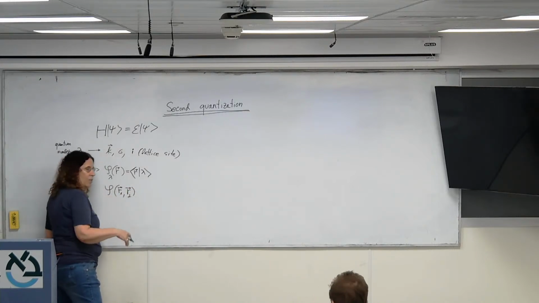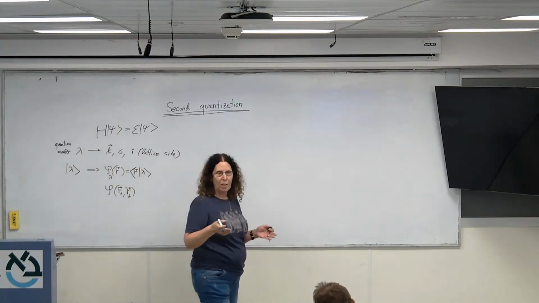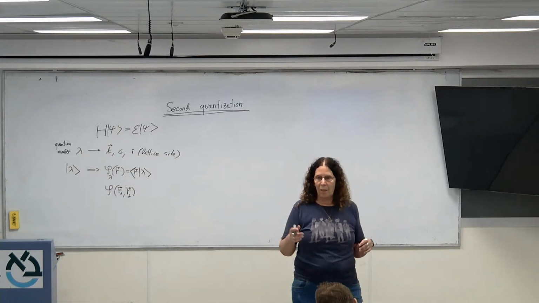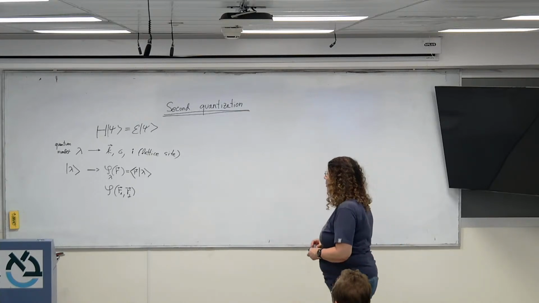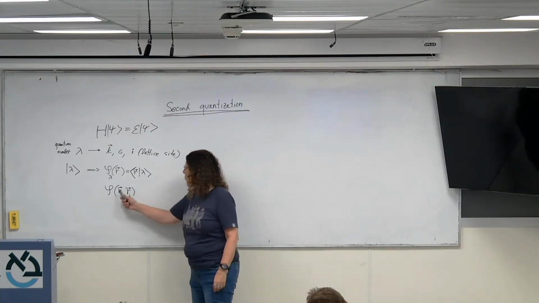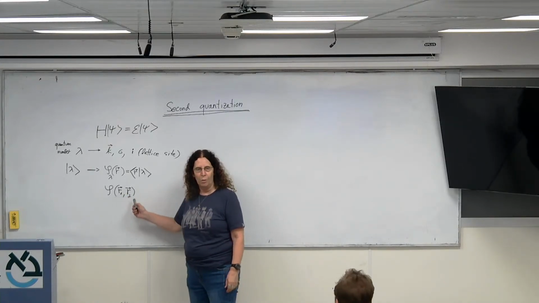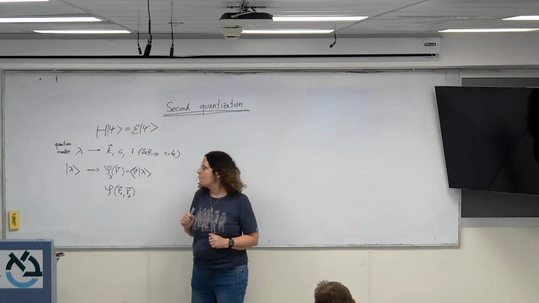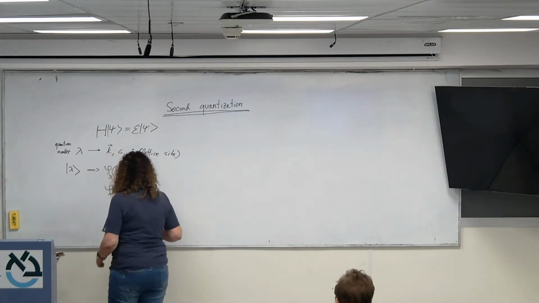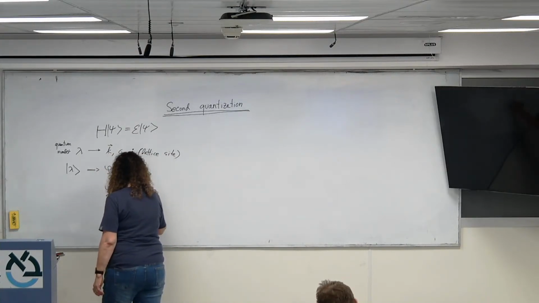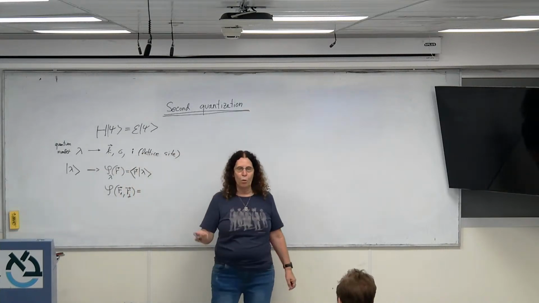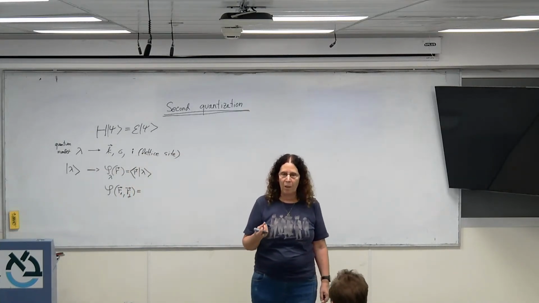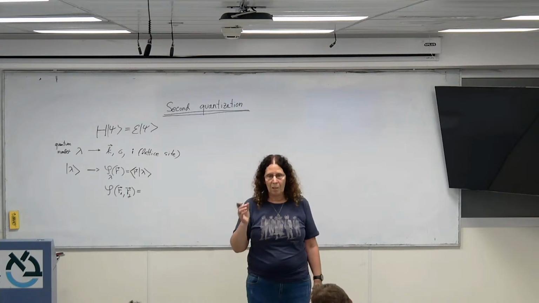Just like for a single particle, if you take the absolute value squared, you get the probability of finding the particles. But here we have 2 coordinates, R1 and R2, for the 2 particles. We can have a wave function that describes, for example, 2 identical electrons in the same atom.